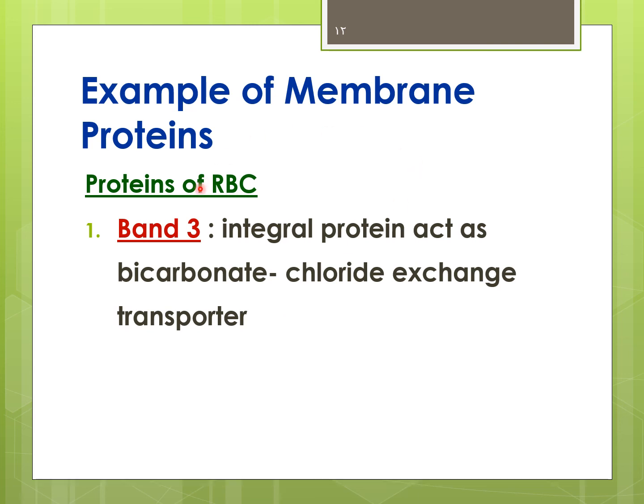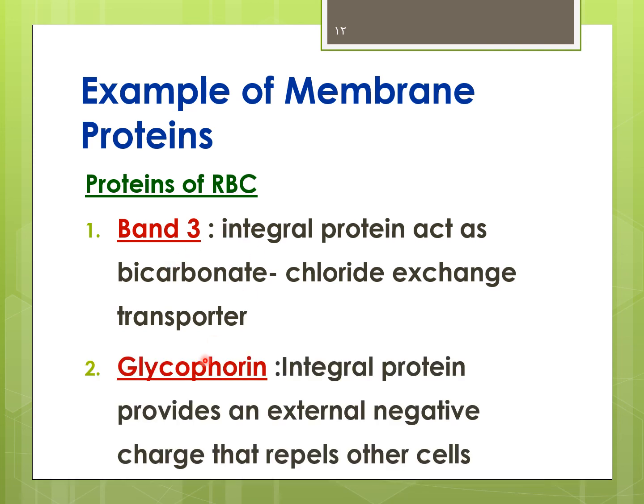This is a very important function of an integral protein in the RBC. Glycophorin has a less important function, but it is still crucial to the action of the RBC. It provides an external negative charge that repels other cells.